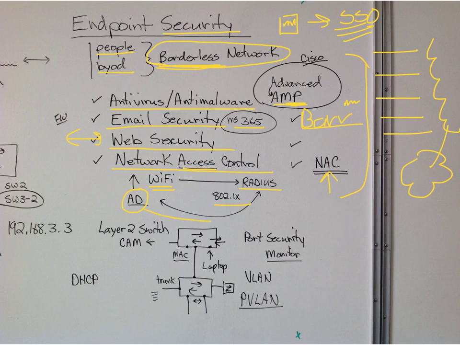And FYI, radius and Active Directory can sync. So you can still do a single sign-on concept, but manage it initially for certain things like Wi-Fi through a radius server.